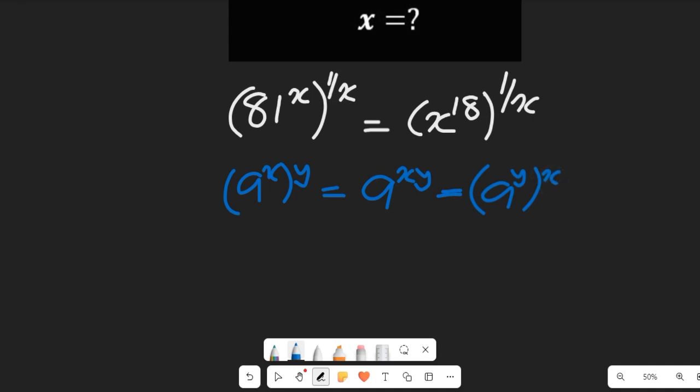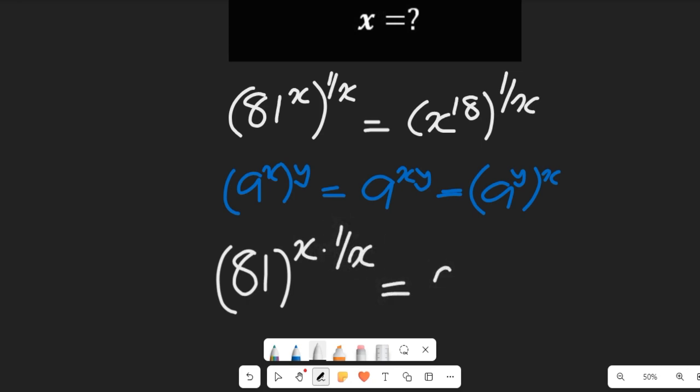Whichever way it goes, this can give us this. So from that principle, we can see that the index can multiply. So we'll have 81 multiplying the power of x multiplying 1 divided by x, and this can be equal to x to the power of 18 multiplying 1 divided by x.